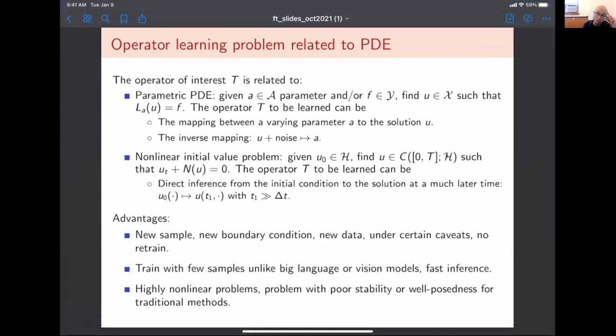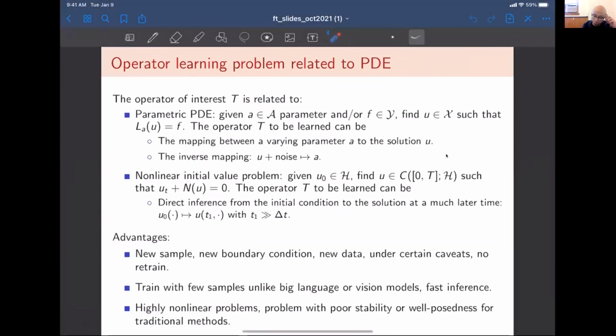So the first one is we have a parameter, and we want to learn a map that maps this coefficient directly to the solution U. The other one is if we have the solution and we have certain measurement noises, and we want to get back to A. So this is our first problem.